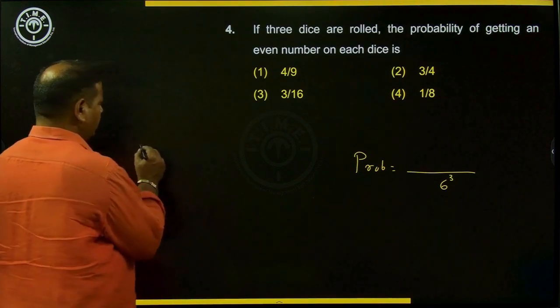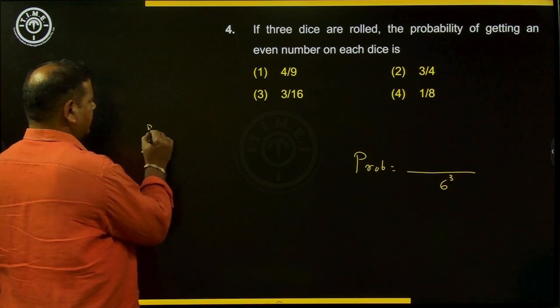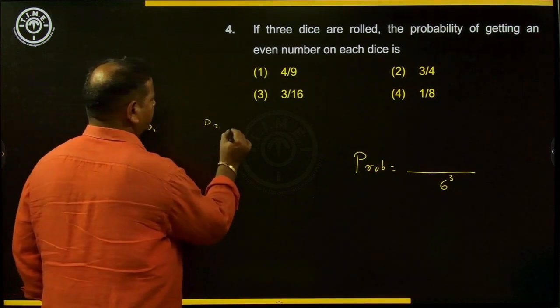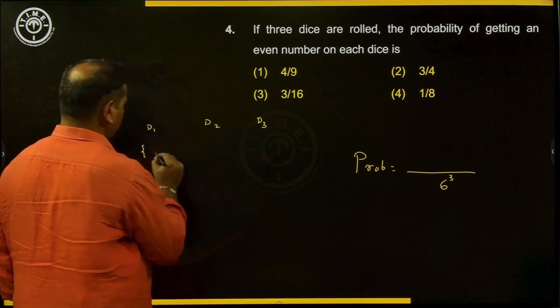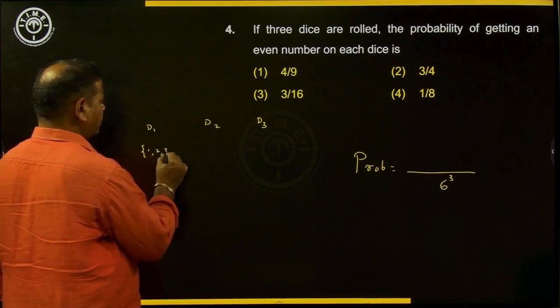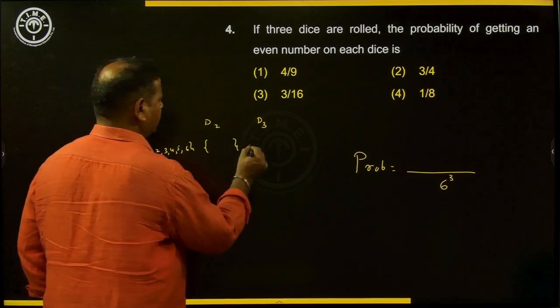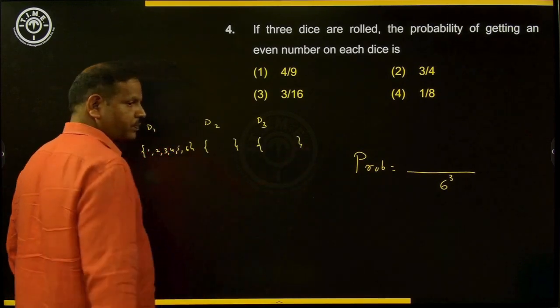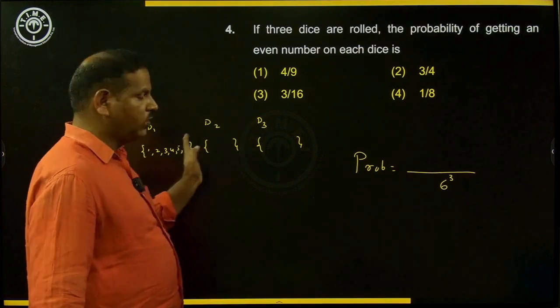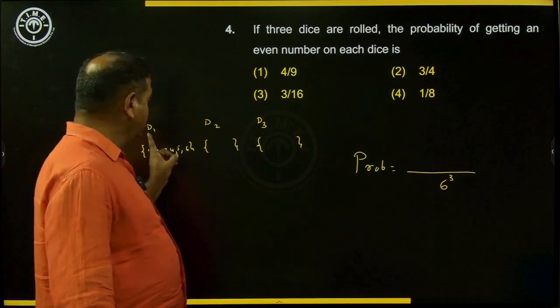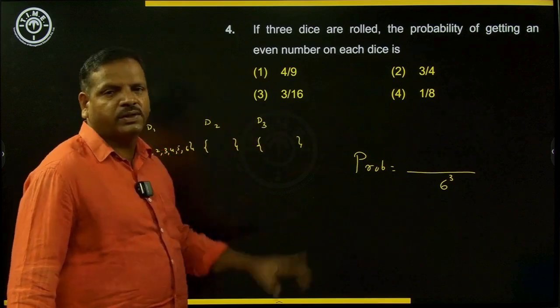So 6 cube, how you got, tell me? 3 dice. D1, D2, D3. On each die, 1, 2, 3, 4, 5, 6. Yes or no? Yes. Same 1, 2, 3, 4, 5, 6, 1, 2, 3, 4, 5, 6. Like this combination. 1, 1, 1, 1, 2, 3, 1, 4, 5. Like all together. 6 into 6 into 6. 6 cube is the denominator.